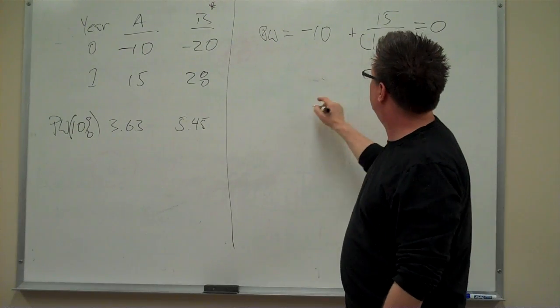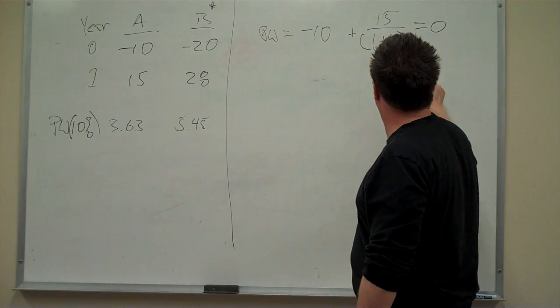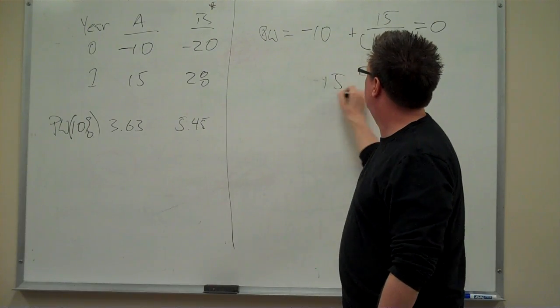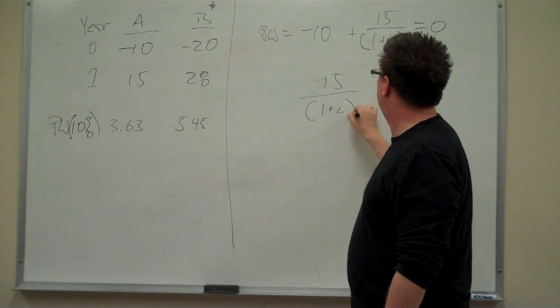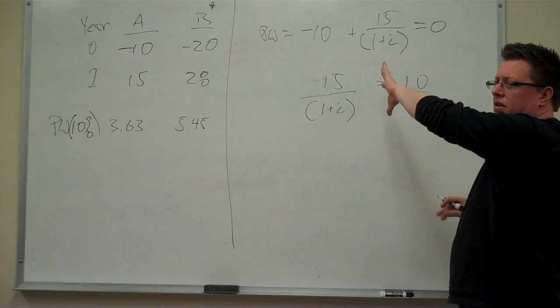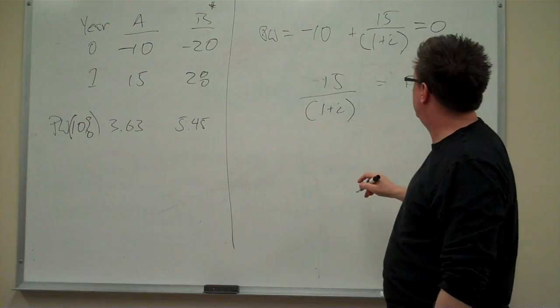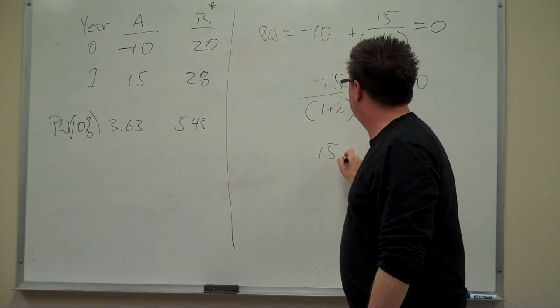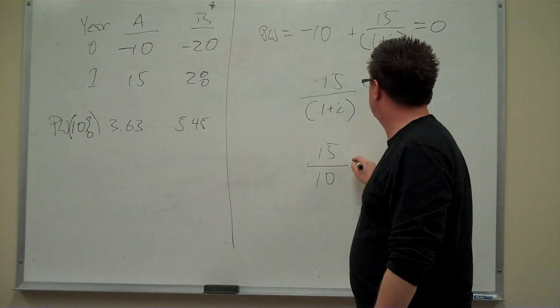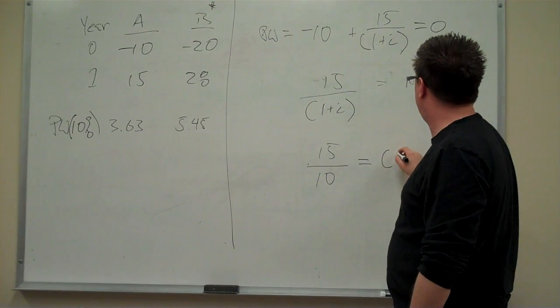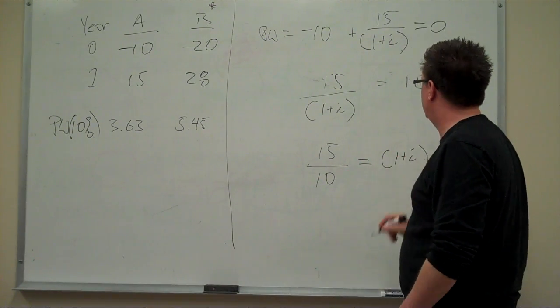So I'm moving the 10 over to the other side, and then doing a little cross multiply magic so that the 15 is over here, the 10 is over here. What I have over here is 1 plus the interest rate.